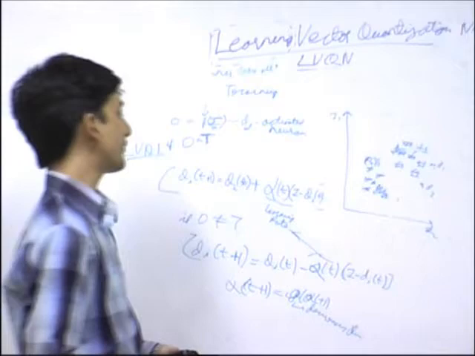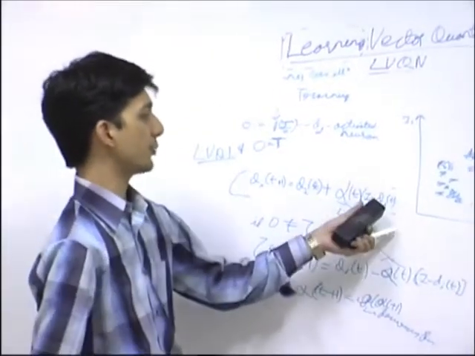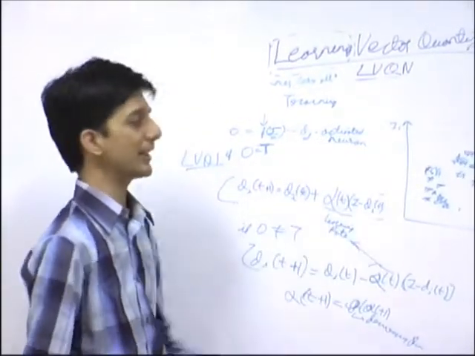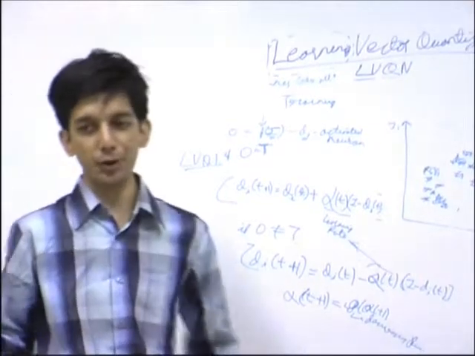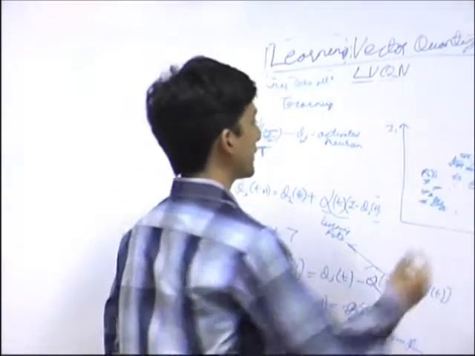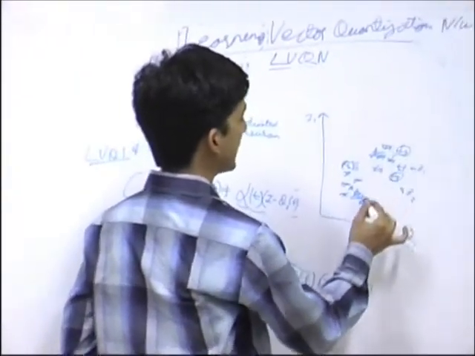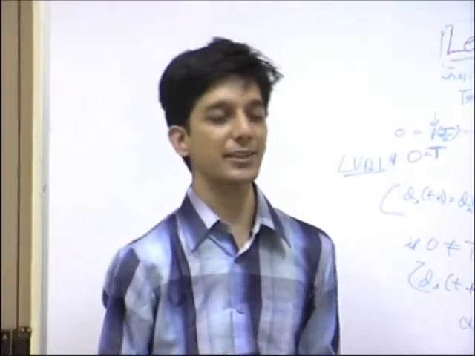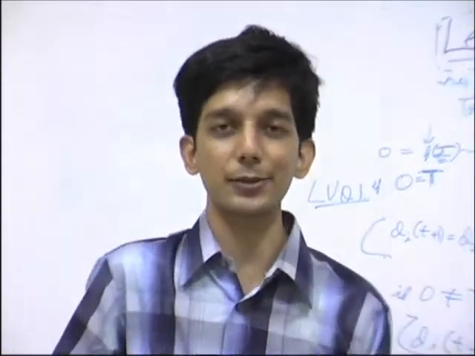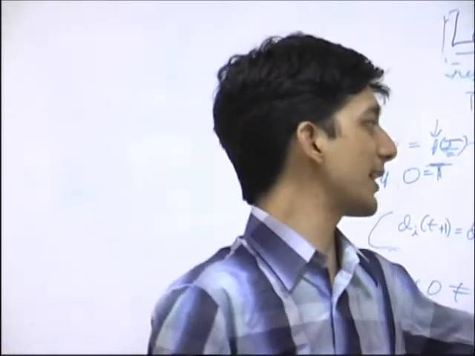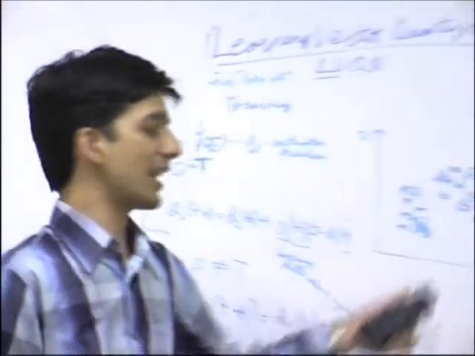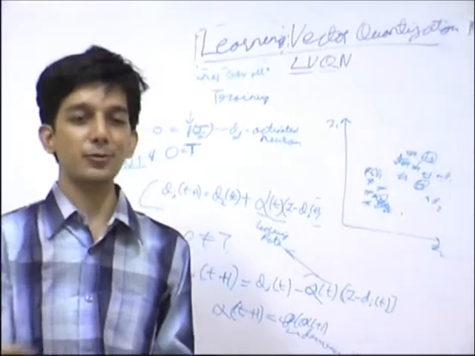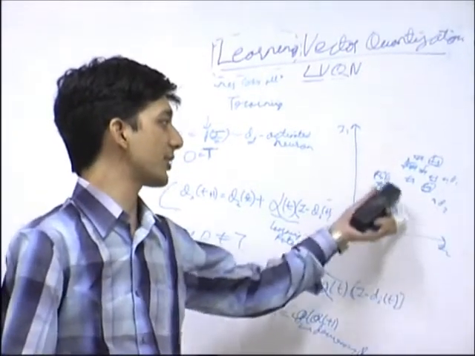So what happens is that whenever I iterate over all the inputs in my historical database, every input in the training database tries to attract the nearest data center towards itself. As a result of multiple attractions, every data center tries to come deep inside the class to which it belongs.